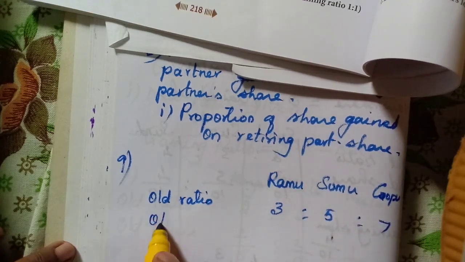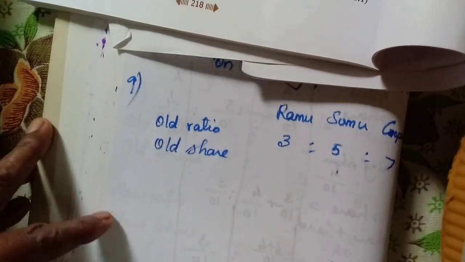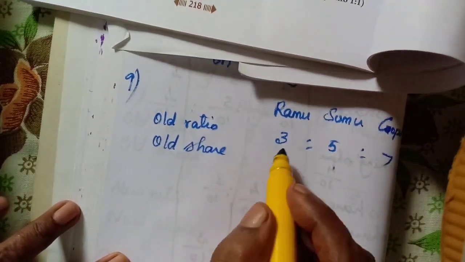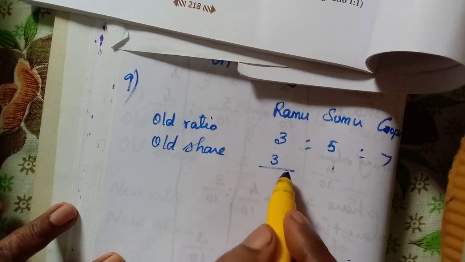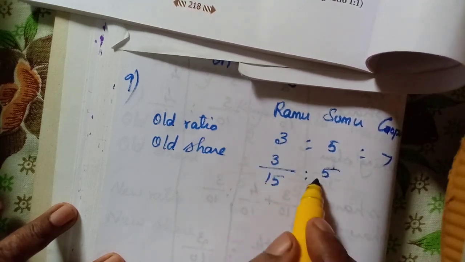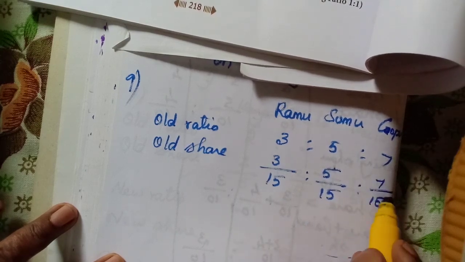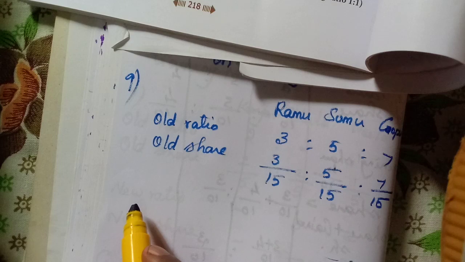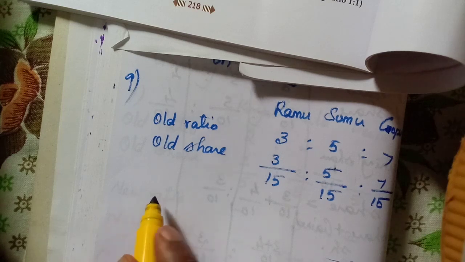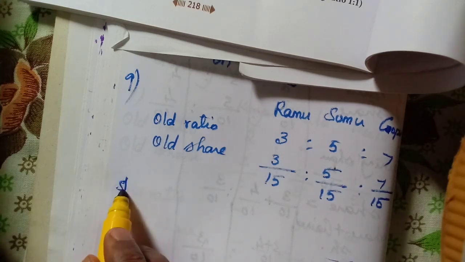So old share 3/15, 5/15, 7/15. Now proportion. So share gained.